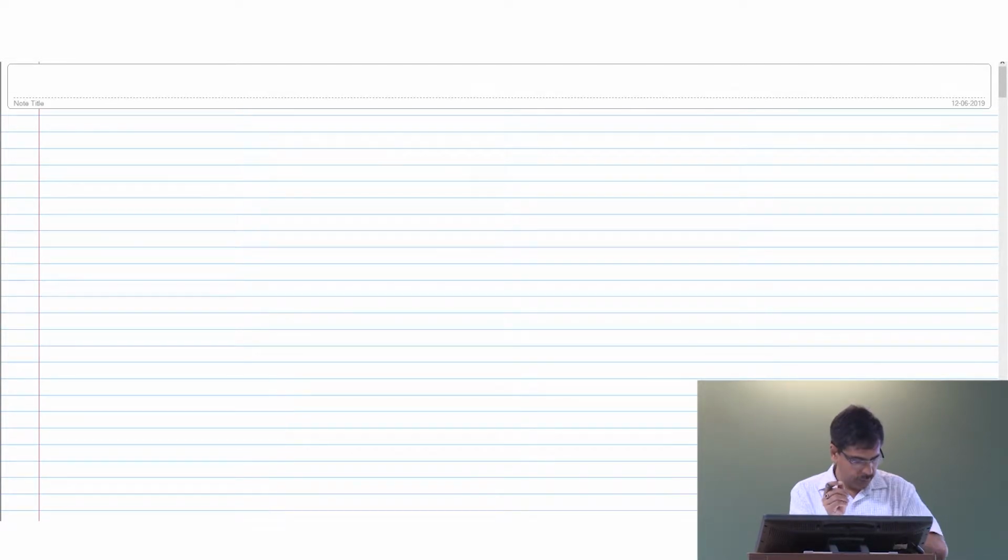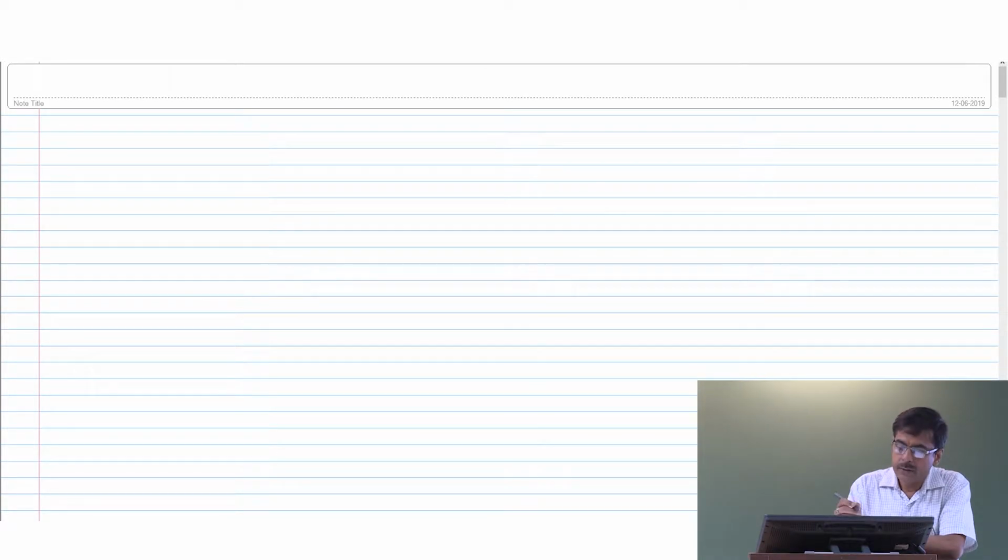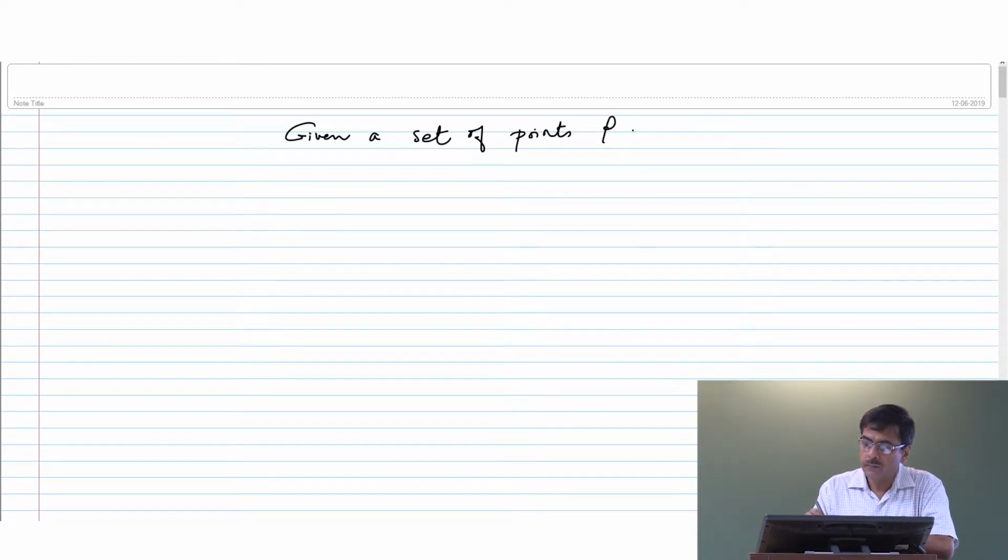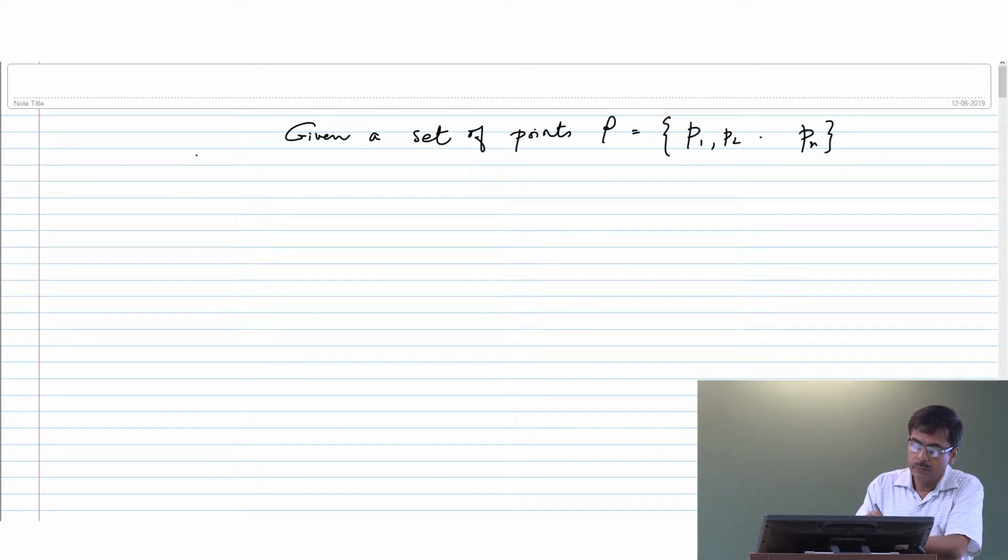Okay. So, with that short introduction, let me get started with a problem that I am sure all of you are familiar with, that is: given a set of points P, find the closest pair.